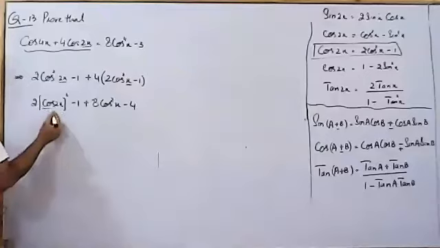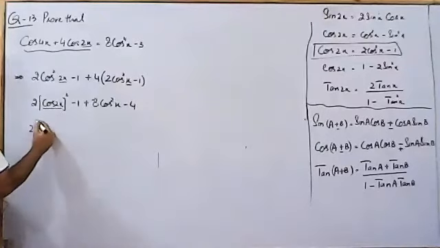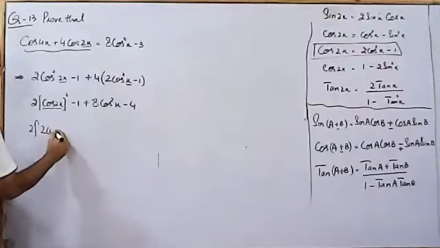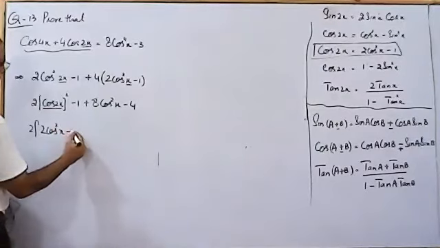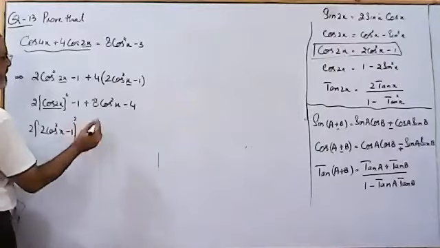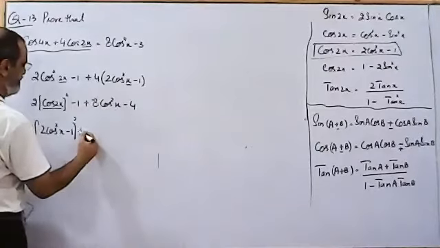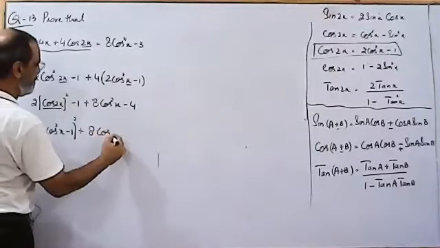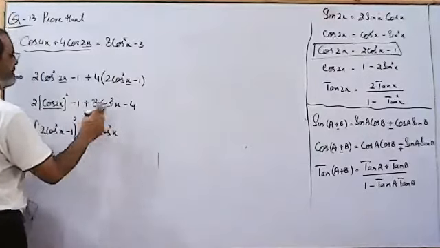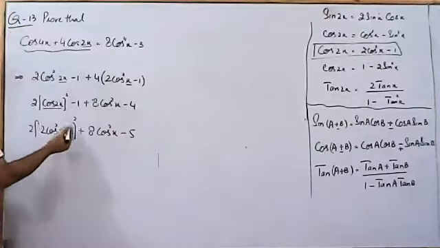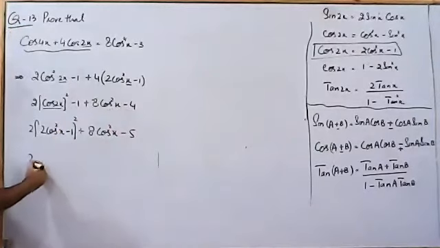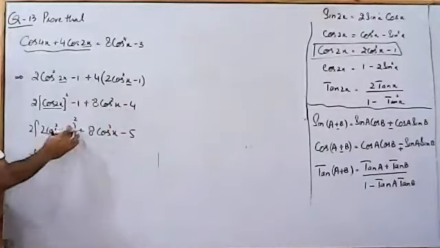Now I'm going to use the identity here. It is replaced by 2 cos square x minus 1 whole square plus 8 cos square x minus 1 and minus 4 gives me minus 5. I have to apply the identity here, it is a minus b whole square.